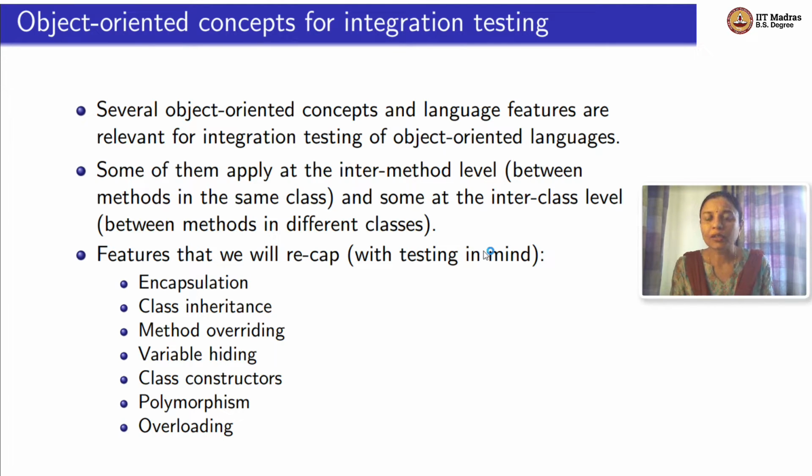The only catch is when we are doing integration testing, and if my object-oriented programming language or my program has features that are rich in object-orientedness, then not all the techniques that we saw might smoothly extend or start working. So we will see things that are specific to object-oriented programs and testing those features this week.